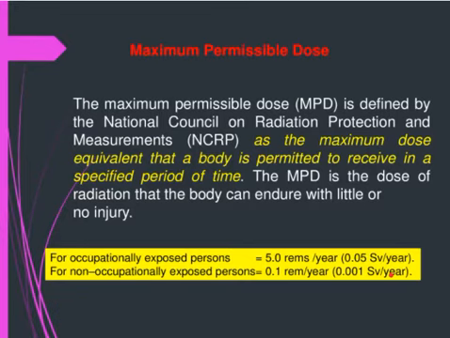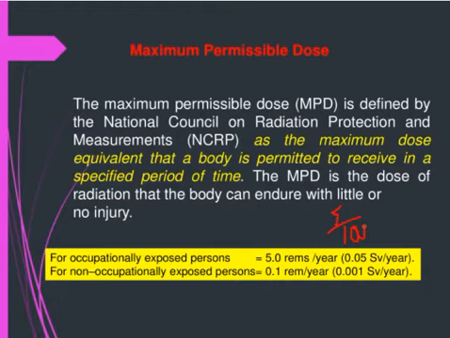Okay, if you want to remember it easily, always remember: if you divide rem by 100, you will get sievert. So divide rem by 100 means 5 divided by 100.